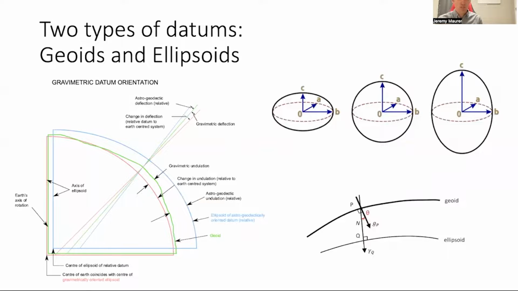It's a three-dimensional shape, a regular geometrical shape, which you can describe with a function, and that is an approximation to the shape of the Earth. The other type of datum is called a geoid. The geoid is based on gravity. We're going to talk a lot about gravity in this class, and quite a bit in this video, because gravity is really important for understanding where you are on Earth.